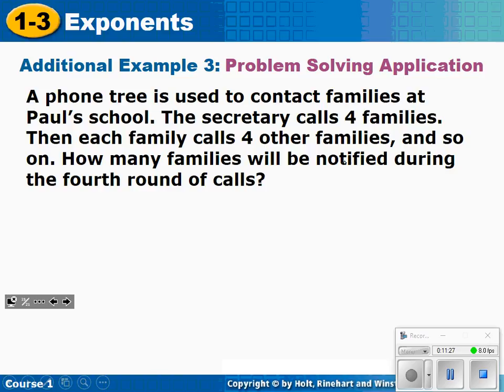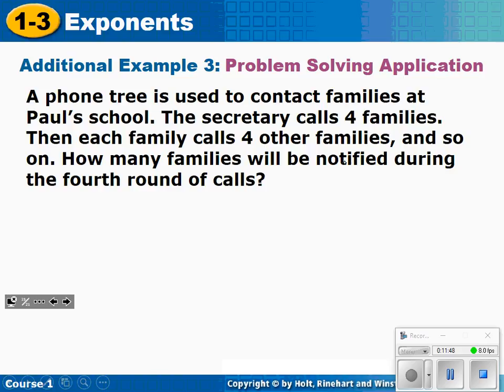Okay. A phone tree is used to contact families at Paul's school. The secretary calls 4 families, then each family calls 4 other families, and so on. So the way a phone tree works is if I'm the start of the tree, I call 4 people. So I call 1, 2, 3, 4 people.